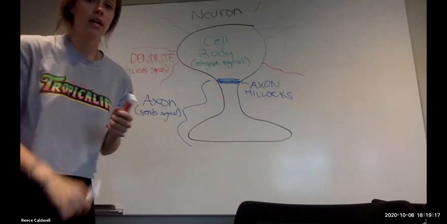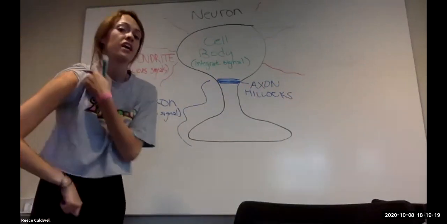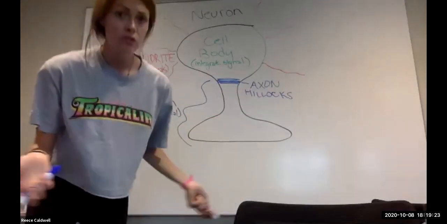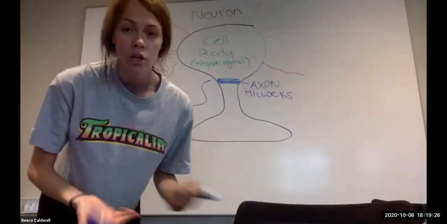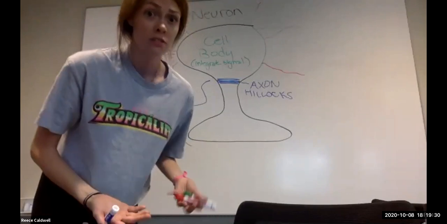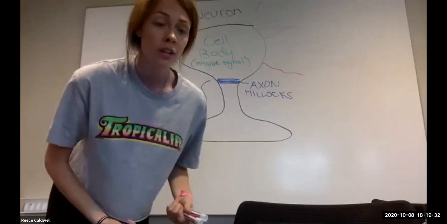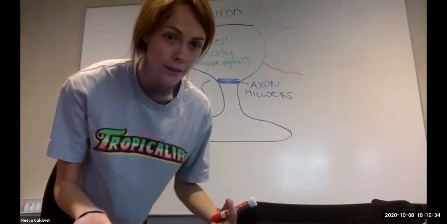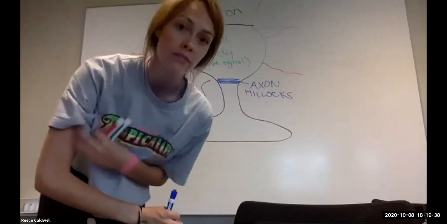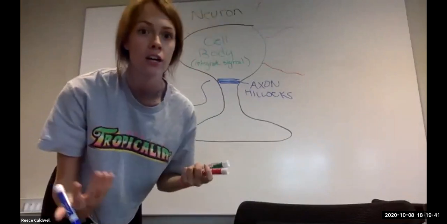For example, if a mosquito landed on my arm, and this is kind of gross, but it's kind of cool. When mosquitoes land on your arm or anywhere on your body, they actually vomit on you. And in that vomit are chemicals that will numb whatever area the vomit landed on.